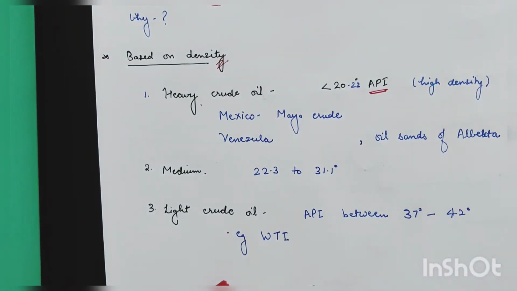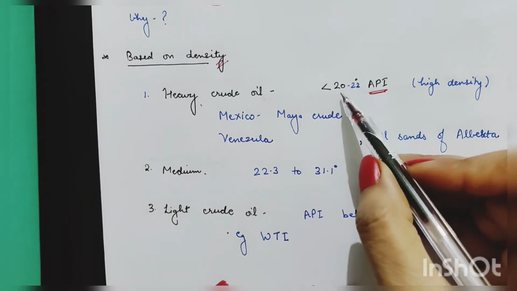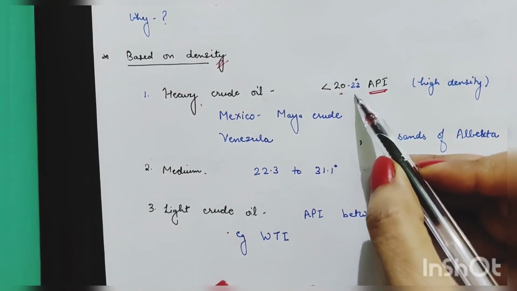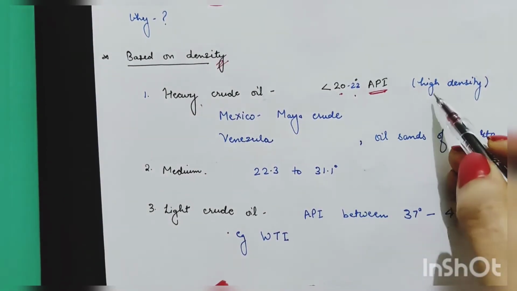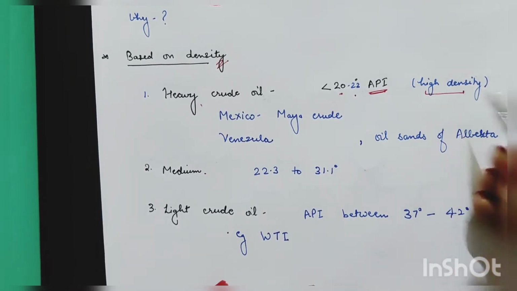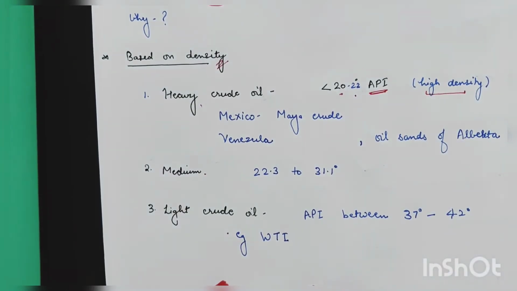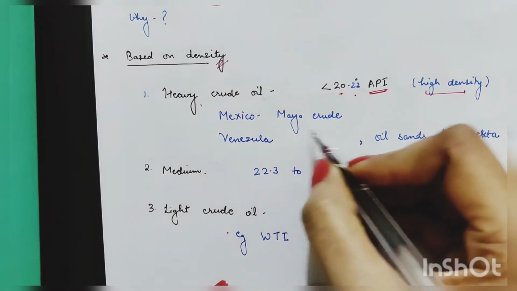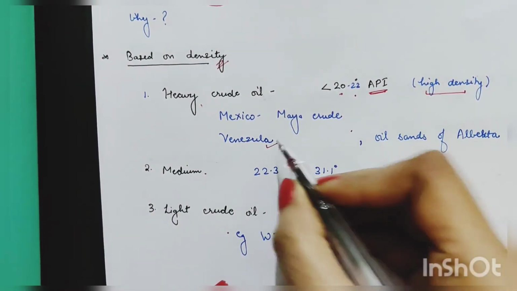So what is heavy crude oil? The crude oil whose API is less than 20 or up to 22 is graded as high density crude oil. A few examples of this high density crude oil are Maya crude from Mexico and Venezuela crude.